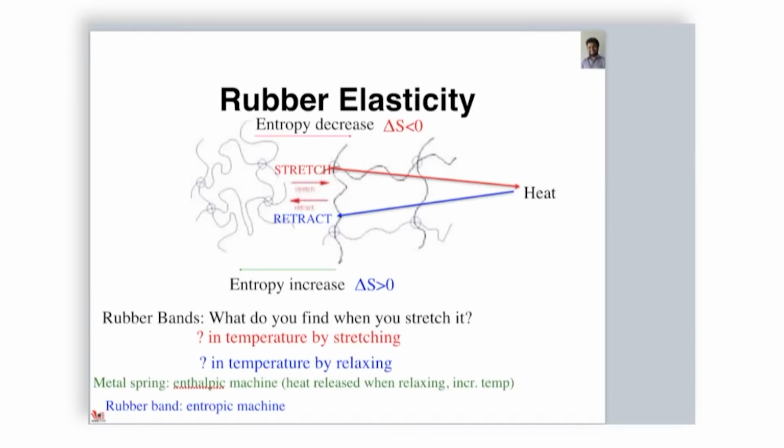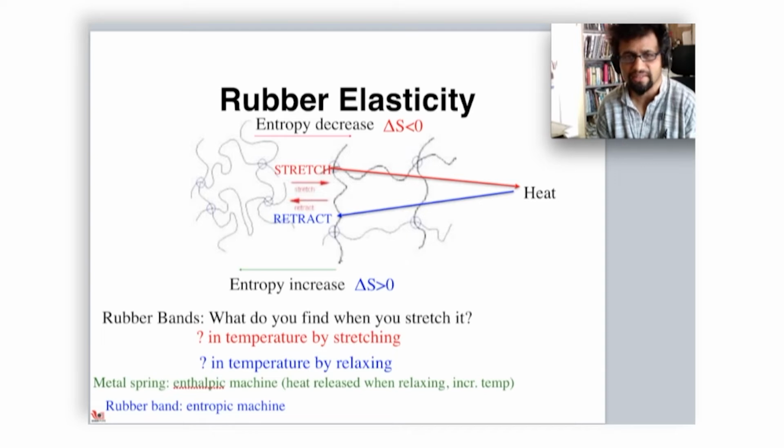So I mentioned to you that rubber elasticity has an unusual property, and this is sort of seen in this diagrammatic view, that it consists of many fibrils or polymers, in other words, which can be either stretched to extend them, or when they're released, they retract and they become relaxed again, which in the case of polymers is a more compact form.